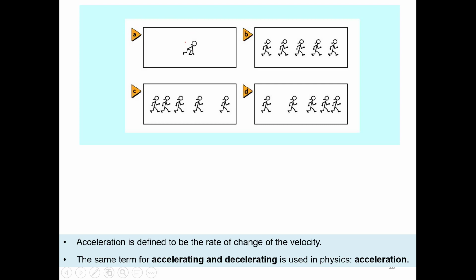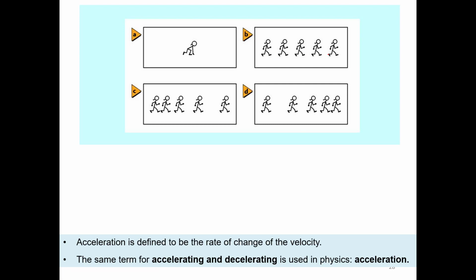The person is standing still, at rest, not moving. What happened in graph B? The person is moving equal distances in equal periods of time, so we can say the person is moving at constant speed.